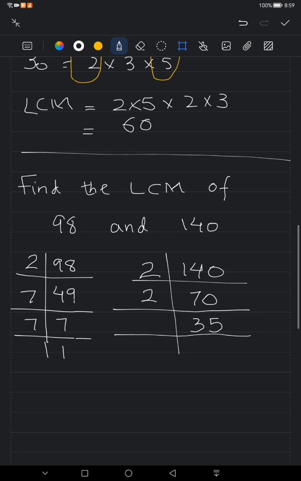Now 35 is odd. We are going to first check the prime factor 3. Does 35 come in the table of 3? No. 3 times 11 is 33, and 3 times 12 is 36. So 35 is not a multiple of 3. Next prime factor is 5. 5 times 7 is 35, and 7 itself is a prime number.